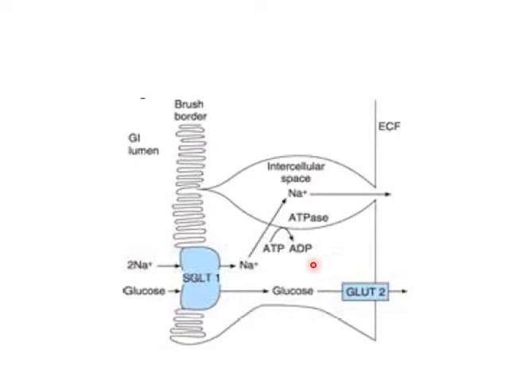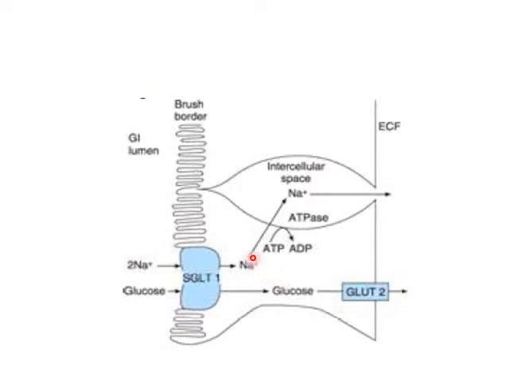Sodium ion concentration inside the enterocytes is low. Therefore, sodium moves along its concentration gradient into the enterocytes. Glucose moves along with sodium and is released inside the enterocytes.